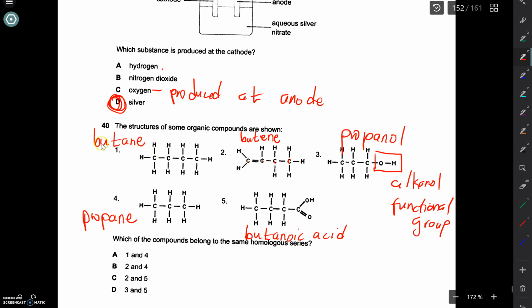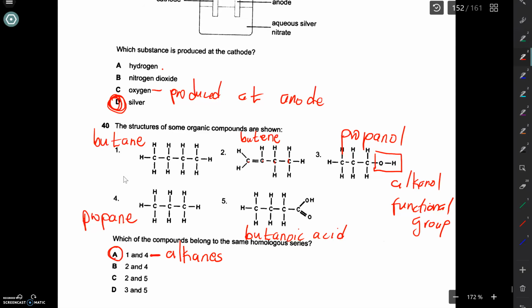So we can see that from this list of 5 compounds, only these two have the same suffix, right? They both have the ane part, so these two belong to the same homologous series. So your answer there is A, and they both belong to a series called alkanes, right?